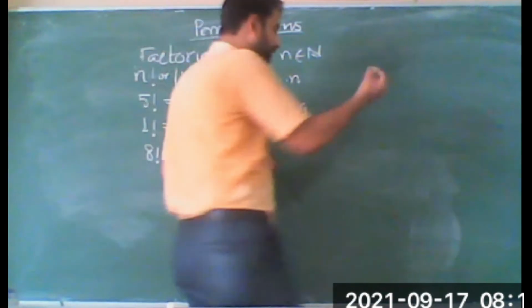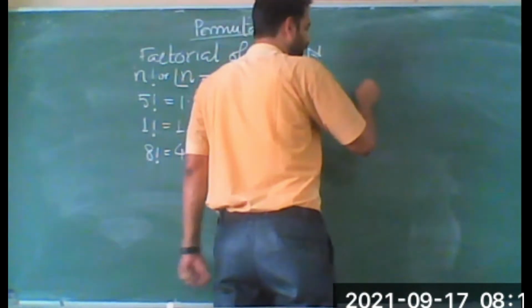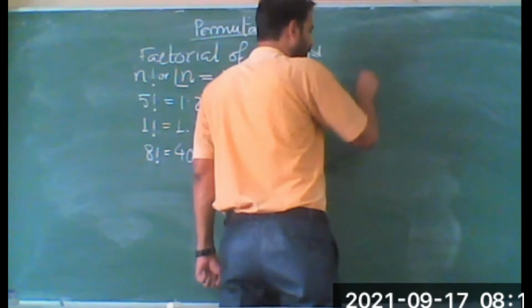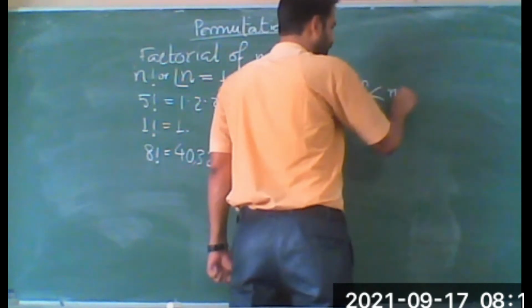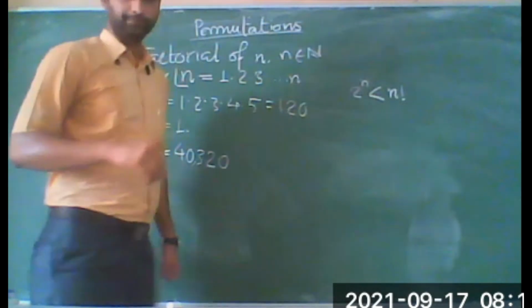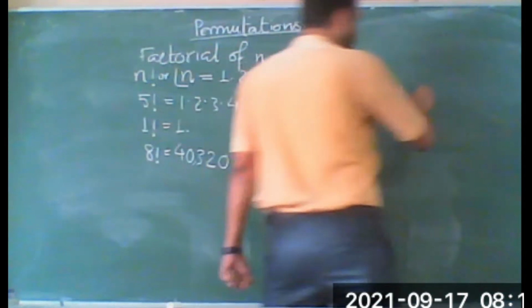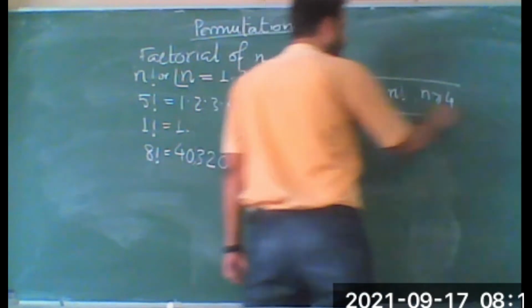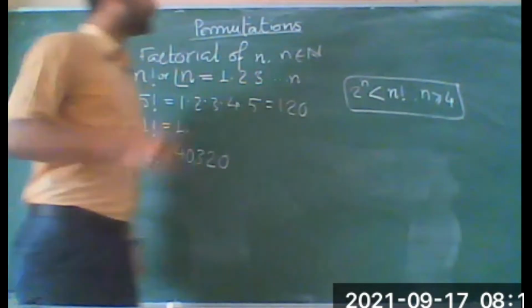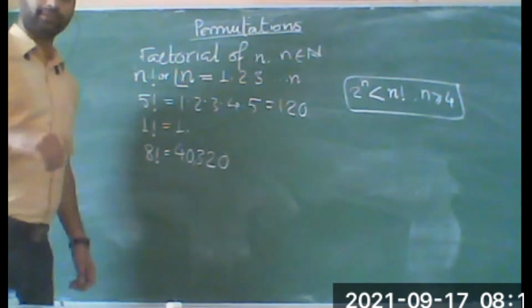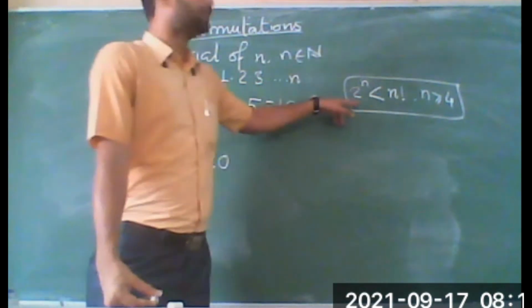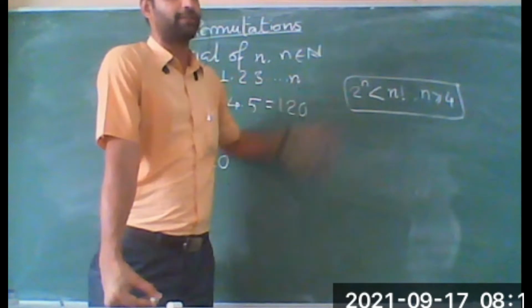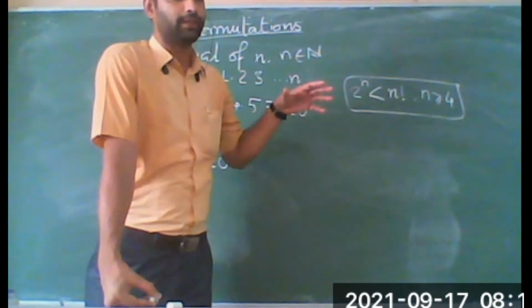There is one very important inequality: 2 to the power n is always less than n factorial, and this is true for n greater than or equal to 4. You can prove this by mathematical induction. You know that 2 to the power n is a fast growing expression.